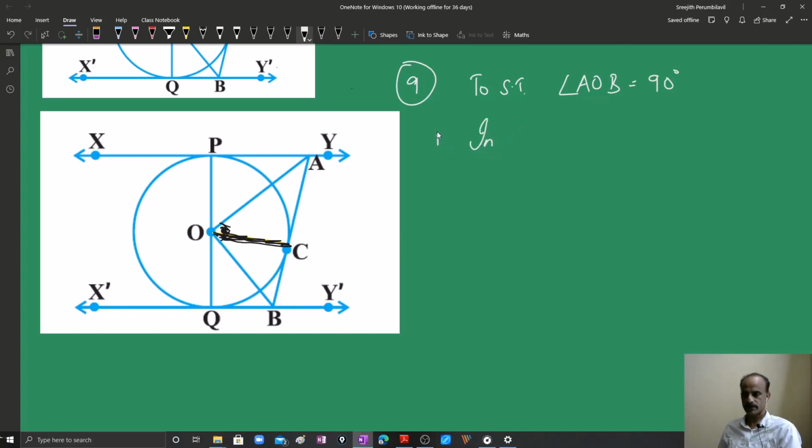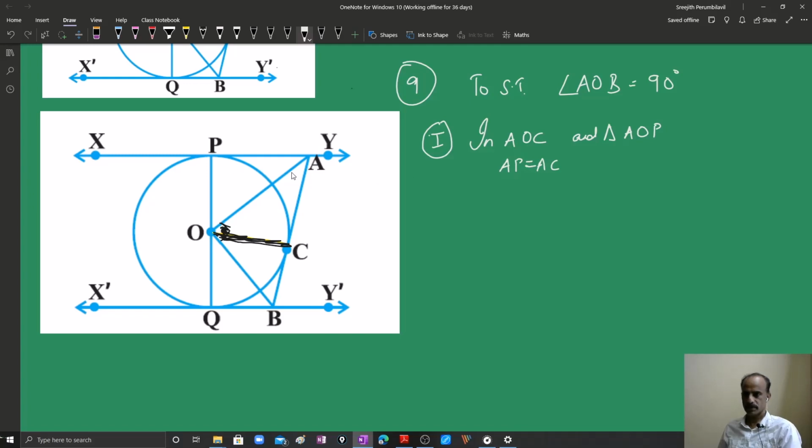Now, compare the triangles. In triangle AOC and triangle AOP, AP is equal to AC. Why?